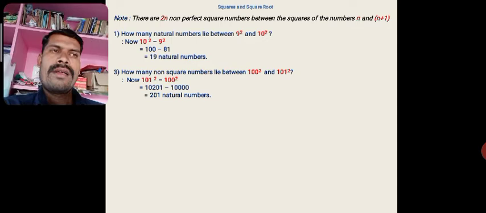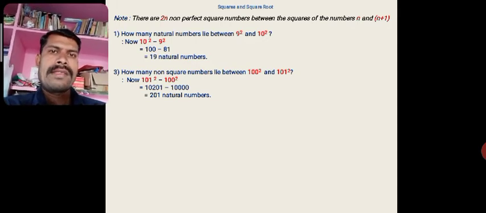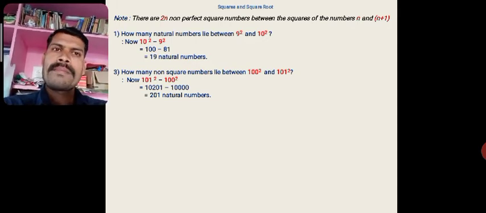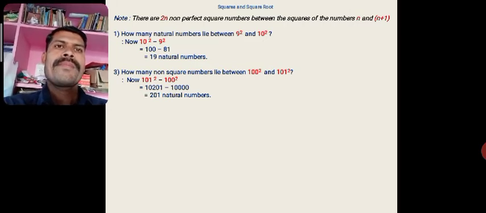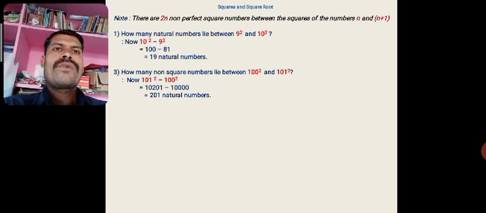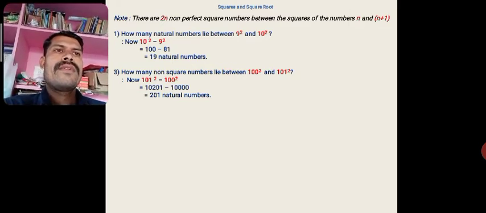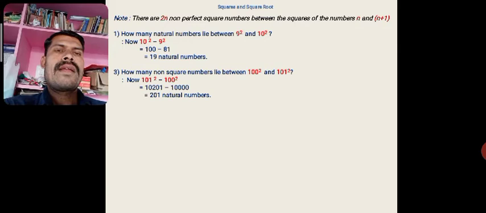For smaller ones we can see by writing them out, but for bigger numbers we have to go by this rule. That means there are 2n non-perfect square numbers between the squares of n and n plus 1.